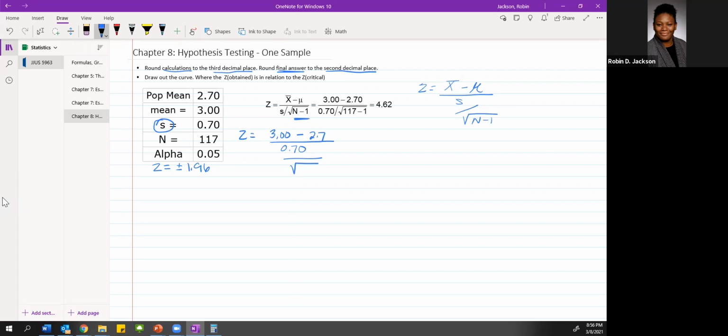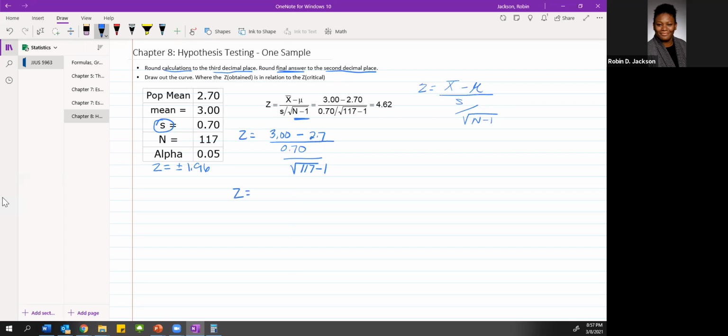All right, so N minus 1 is going to be 117 minus 1. All right, so what I'm going to do in order to save a little bit of space, I'll just work all the way down. I'll keep it vertical. Keep doing what I've been doing.